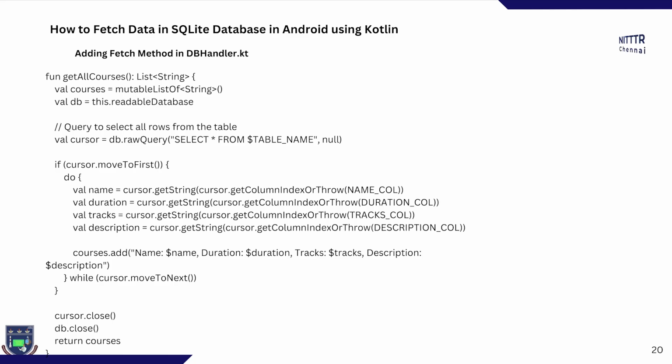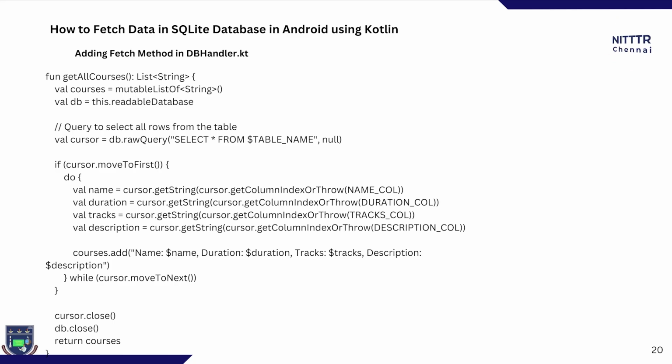Next we will see how to add the fetch method in the DB handler. Let us create a function in our DB handler class to fetch all the courses from the database. This is the Kotlin code for that. We start by creating a mutable list to store the course details.